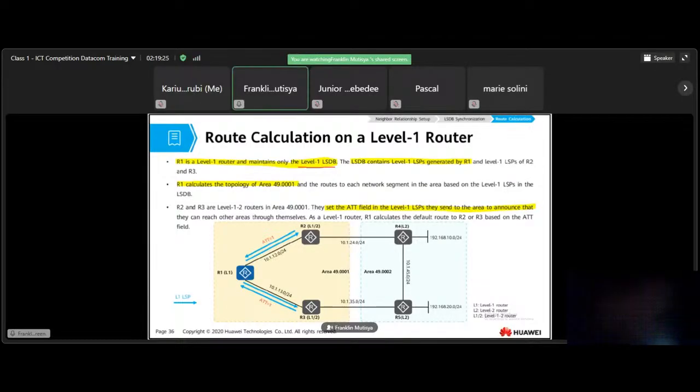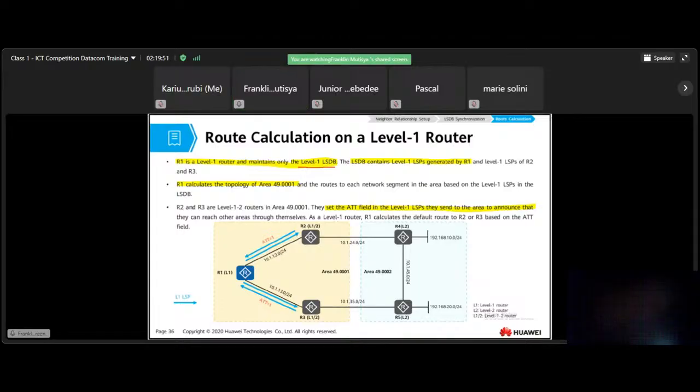Similarly here on ISIS, we maintain LSDBs, but these LSDBs have different levels depending on the type of router. A level 1 router maintains a level 1 LSDB. These LSDBs contain level 1 LSPs, that is link state PDUs, which are generated by a level 1 router.